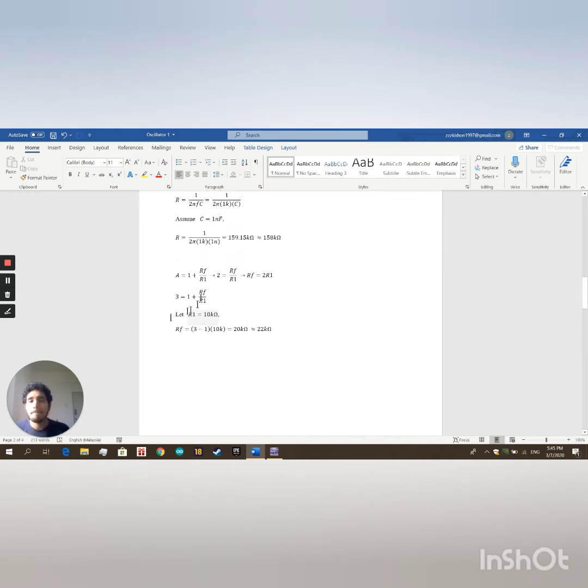Next, I need to find the variable resistance value. Based on this formula, I assume the gain as 3 and R1 as 10 kilo ohms. By computing this formula, I obtained the variable resistance value as somewhere between 20 kilo ohms to 22 kilo ohms. I chose 22 kilo ohms.